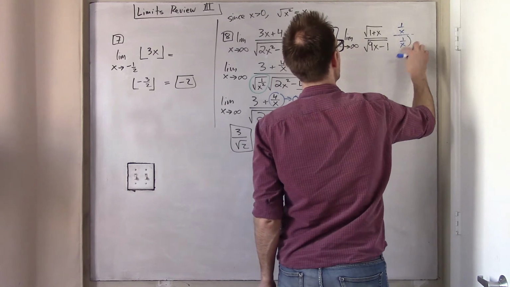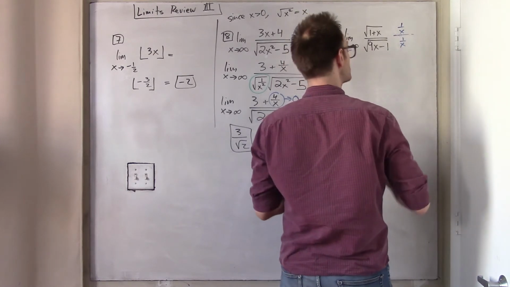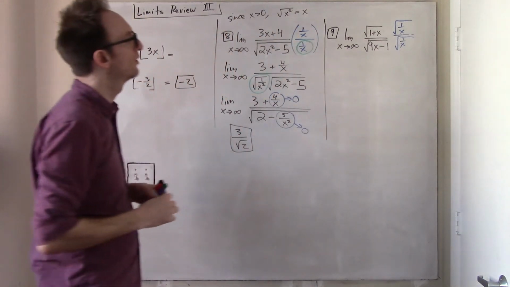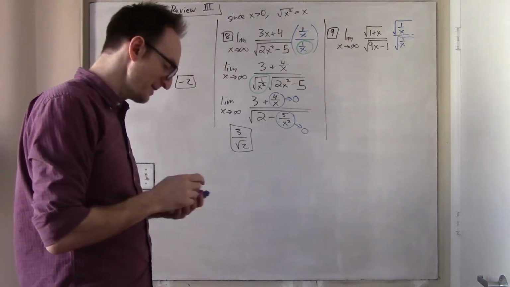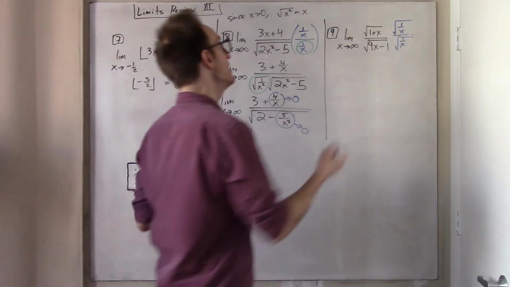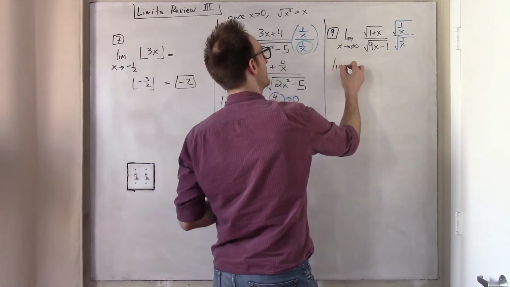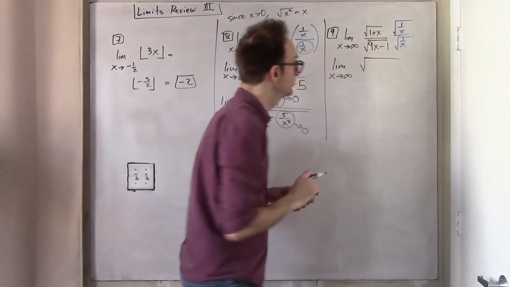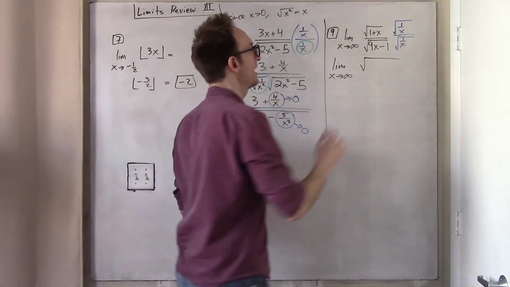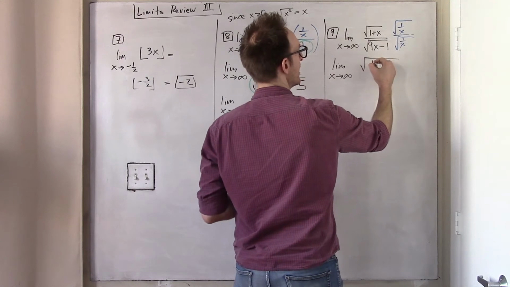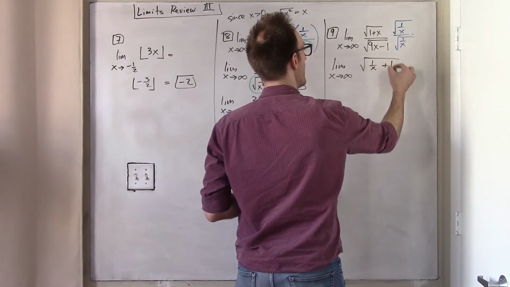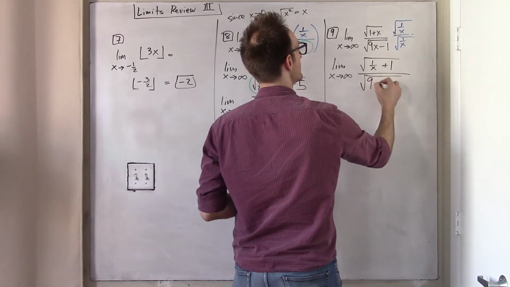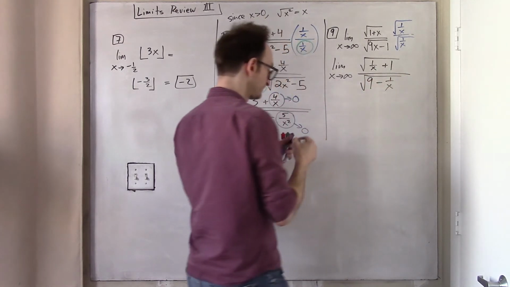So, alright, that was a little bit interesting. So multiply through by this, even though, frankly, it's pretty clear. Well, maybe it's not that clear. I don't know. Okay, if I do that, what do I get? I get then the limit as x approaches infinity of combining those square roots. It is 1 over x plus 1 over root 9 minus 1 over x.